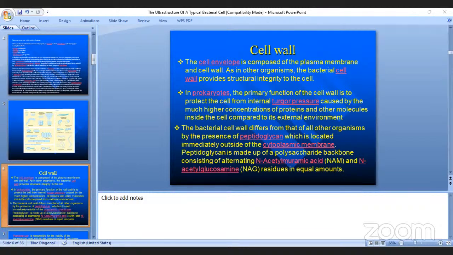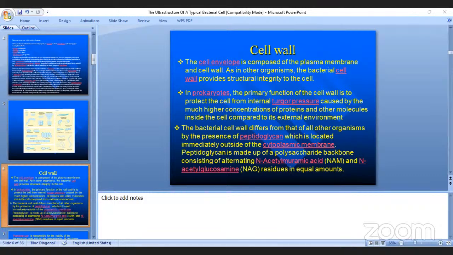Cellulose, exactly. Cellulose is the major chemical composition. But in bacteria, instead of cellulose, peptidoglycan is present.